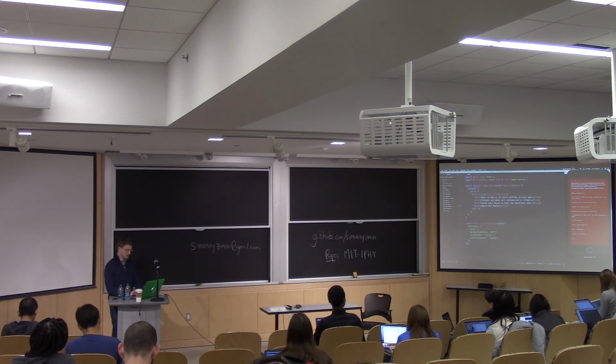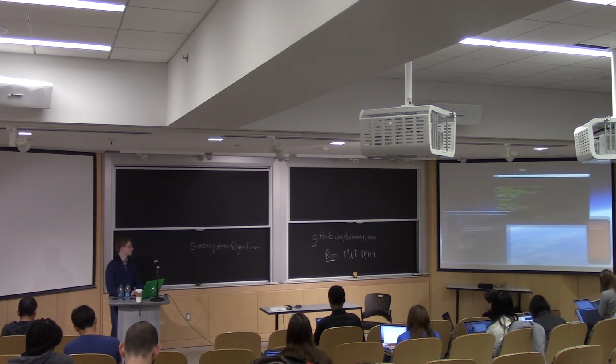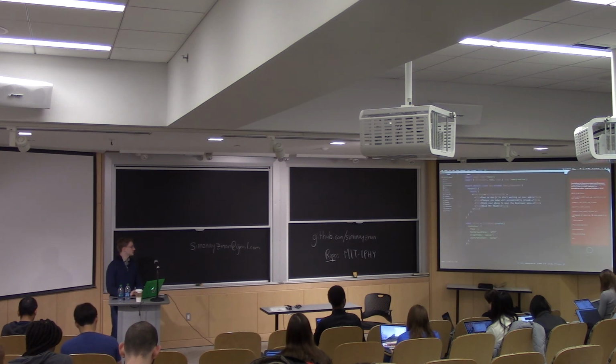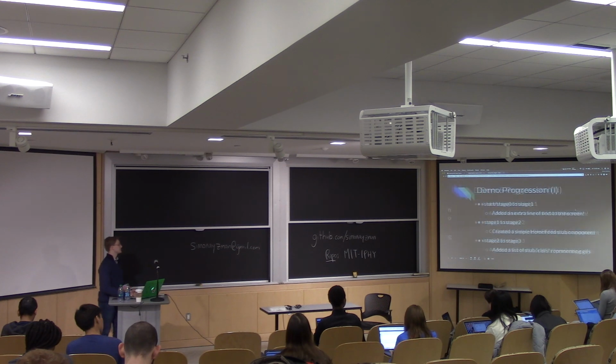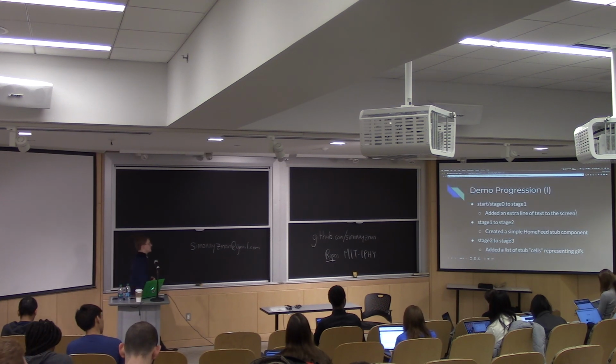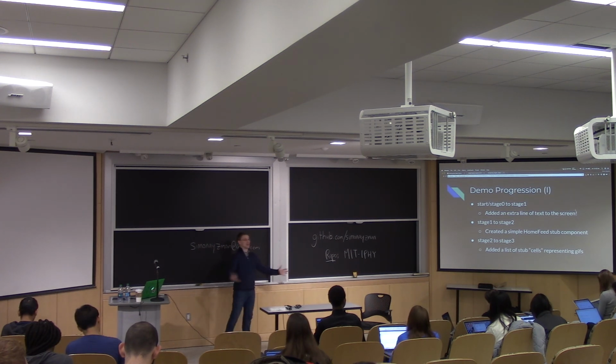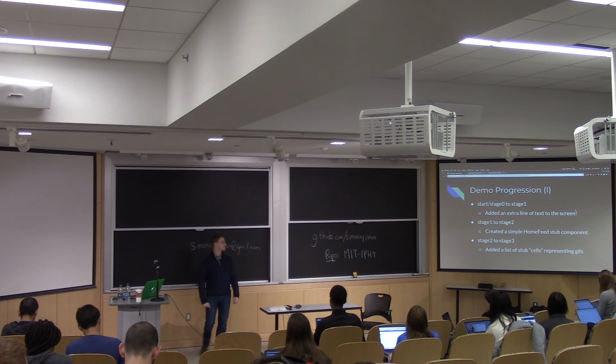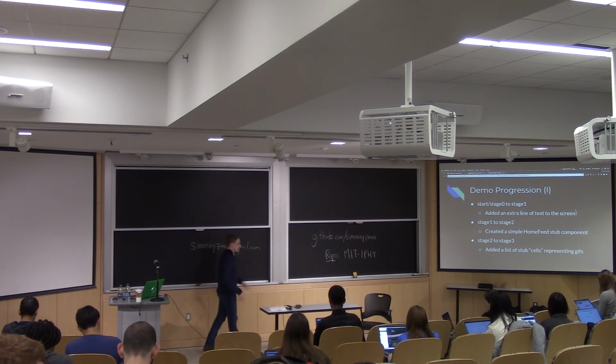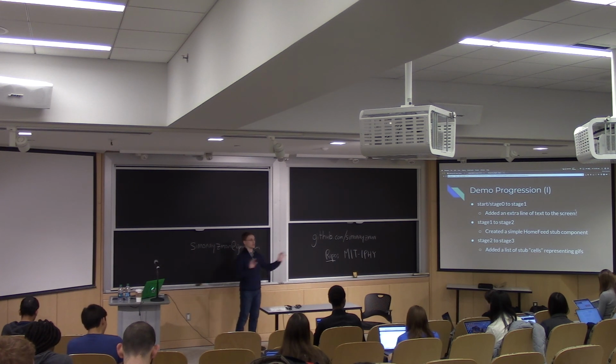All right, so let's maybe move a little bit forward on this. So let's kind of see the stages at which we'll progress. So when we go from stage 0 to stage 1, we just added that extra line. So if you do git checkout stage 1, you'll see that we just added another line to our demo app. Great. Then what we're going to do is we're going to make a simple component. I'm just going to call it home feed.